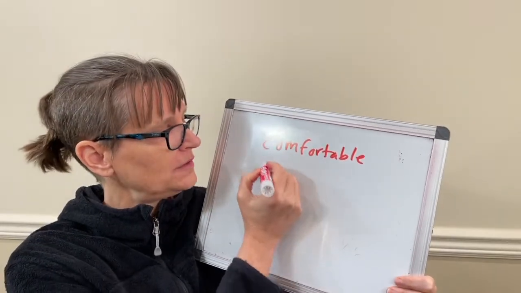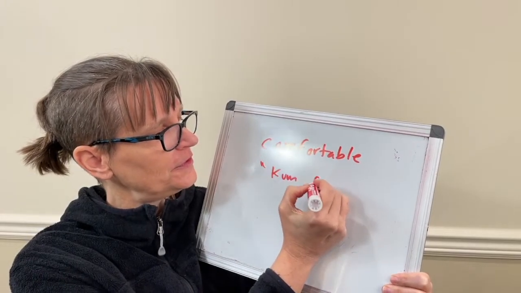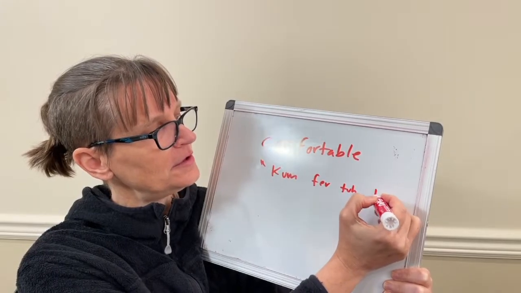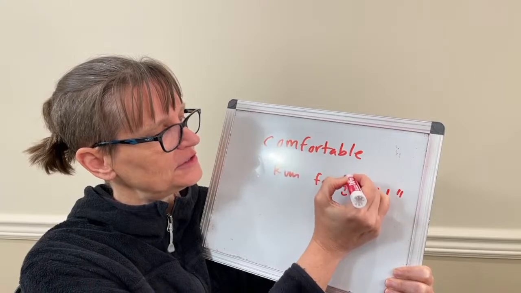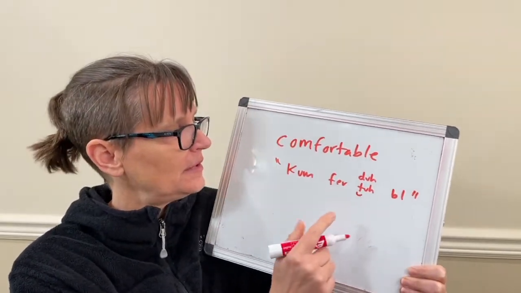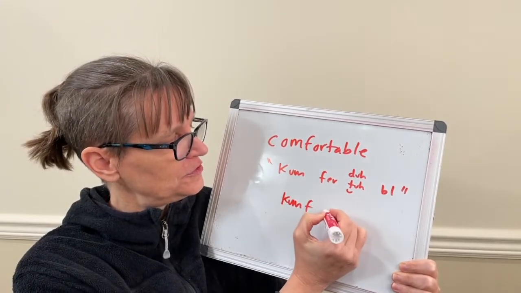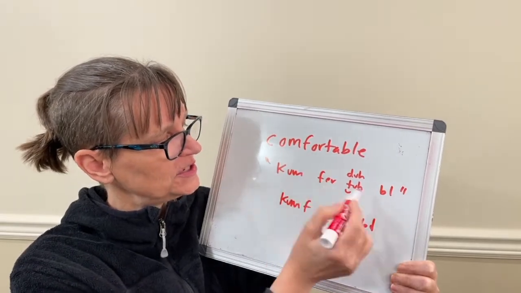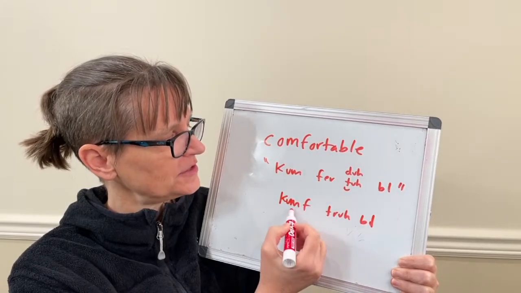So one reduction would be saying comfortable, where this might be a flap again, so it might sound like comfortable. We also sometimes say comfortable, where we switch around the order of the R, the T, and the R sounds.